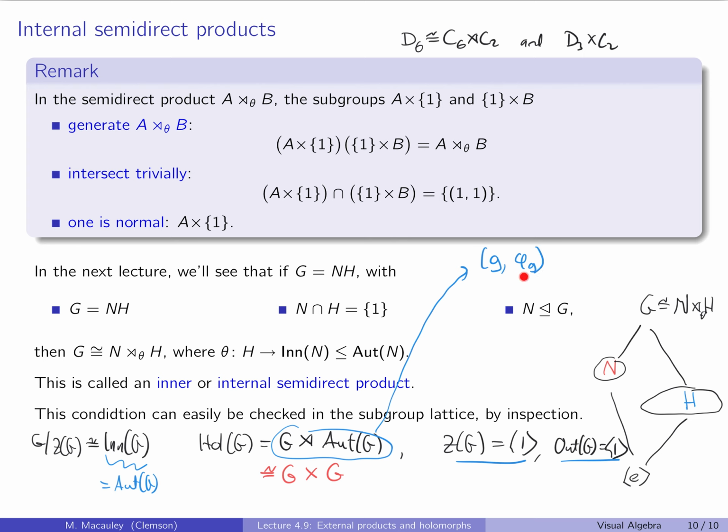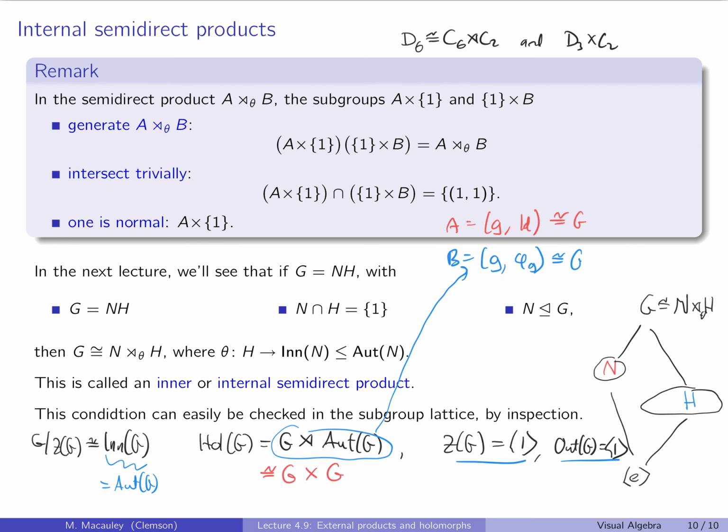So this subgroup here, the elements (g, phi_g), is isomorphic to G, and it is normal, and it intersects trivially with A, which is (g, the trivial automorphism), which is also isomorphic to G. So these are both normal, they intersect trivially, and they generate everything. So the holomorph is isomorphic to G cross G.